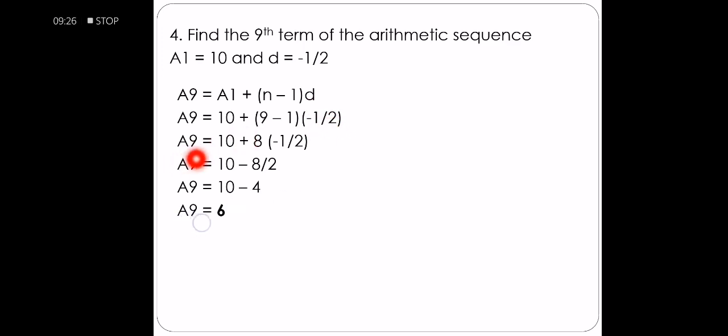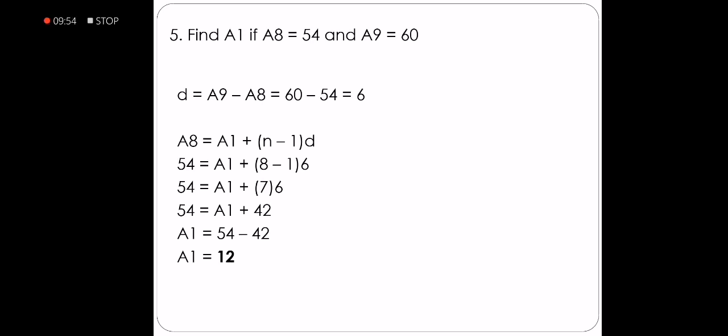So a sub 9 equals 10 plus 8 times negative 1 half, which is 10 minus 8 over 2. Simplified, that is simply 4. So a sub 9 equals 10 minus 4, which is 6. That was easier.